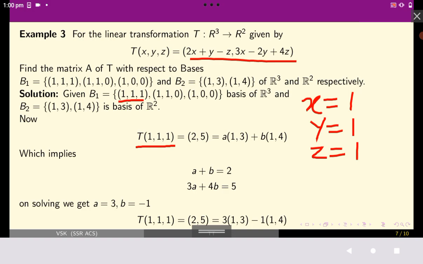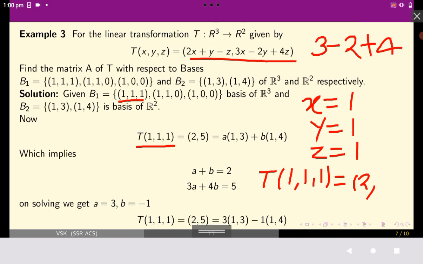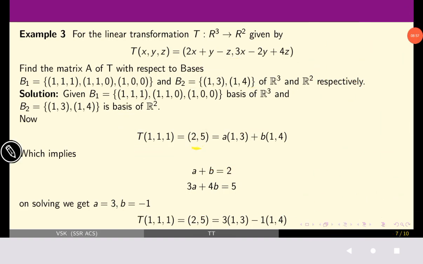When we put these values in this definition, we will find that the first coordinate will become 2 and the third will become 5, because the second coordinate will give us 3 minus 2 plus 4, so it will be 5. So this comes.